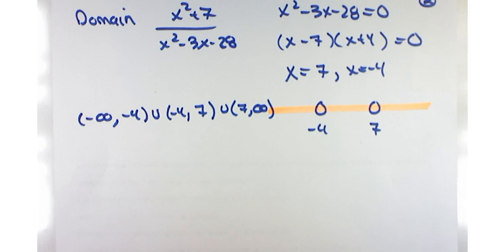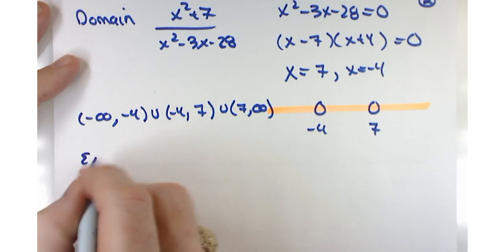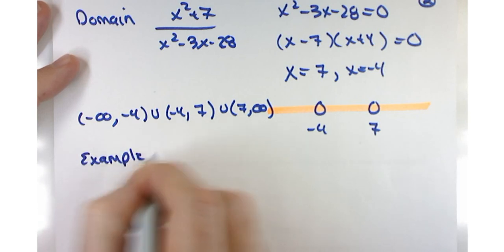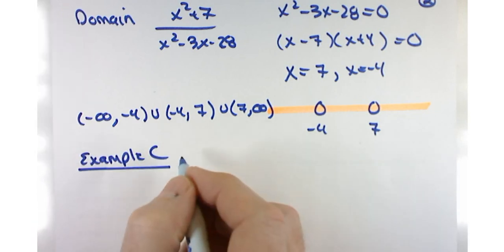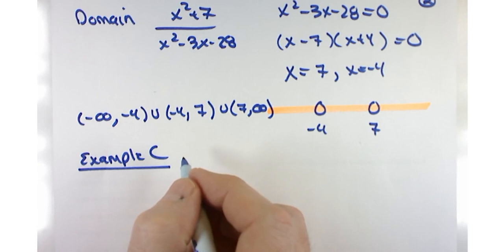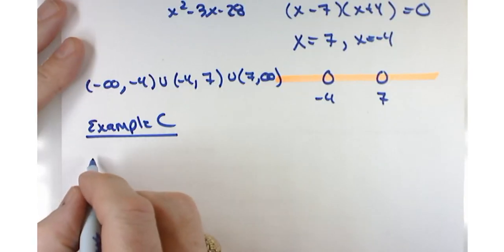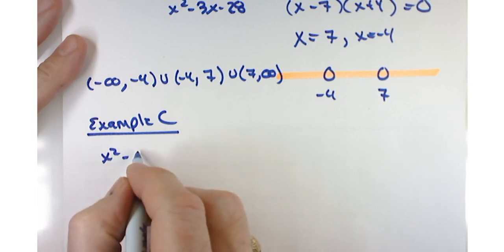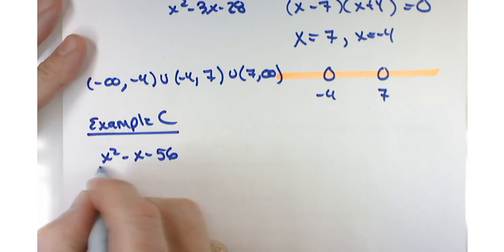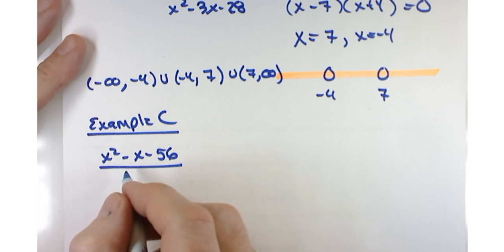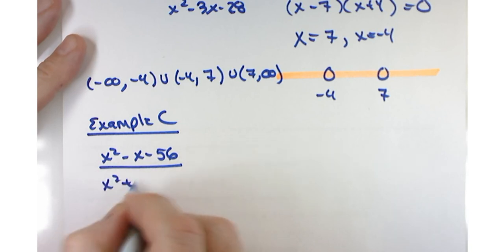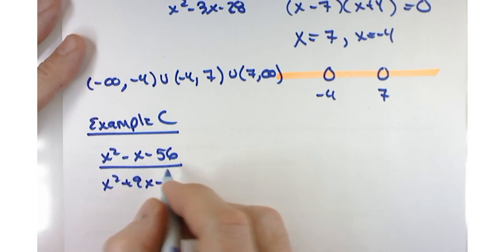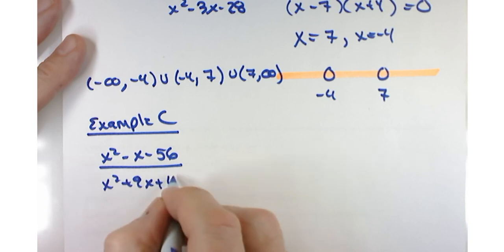All right, let's keep going. Example C. So this is going to be more of the factoring stuff that I was alluding to. X squared minus x minus 56 over x squared plus 9x plus 14.